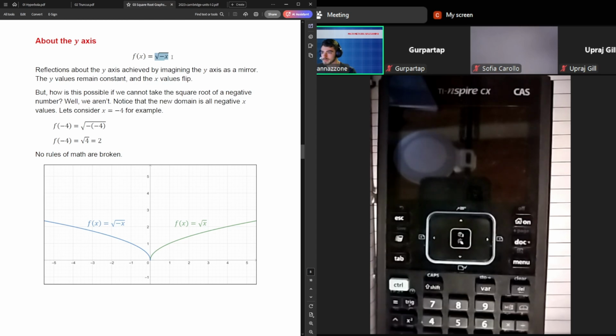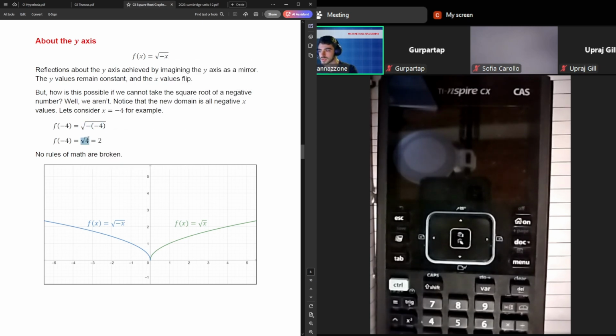Now, this always gets questions. Why am I allowed to have a negative inside of the square root? The reason why is because you can have a negative variable, but you can't have a negative number. So negative x is fine as long as x itself is also negative. So for example, if I were to sub in x equals -4 into this, what I'm doing is I'm replacing the x part with negative 4.